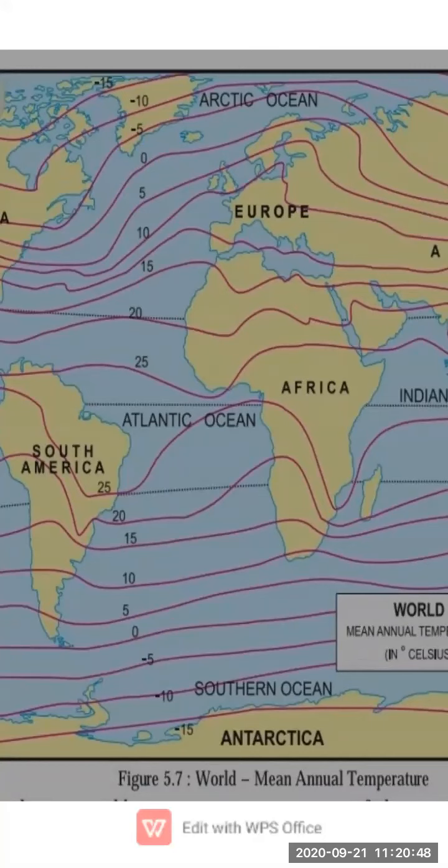Then the line proceeds eastwards. Now what happens later on? The line proceeds towards the east side. Within a short distance after entering the Atlantic Ocean, this is our Atlantic Ocean, what happens here?